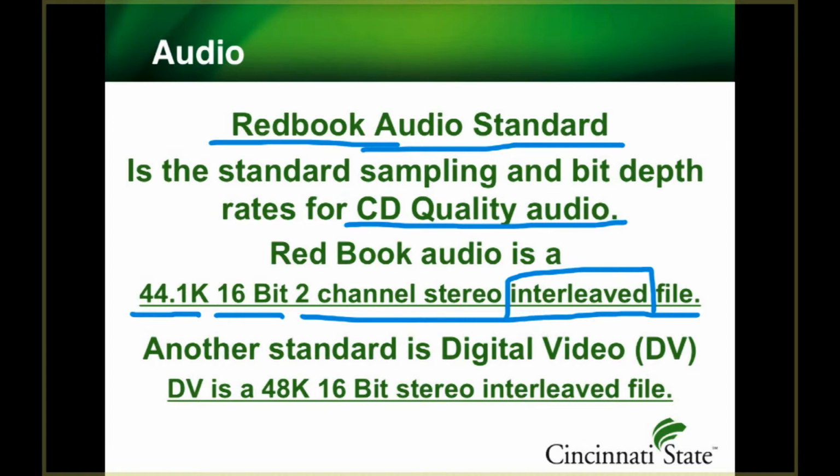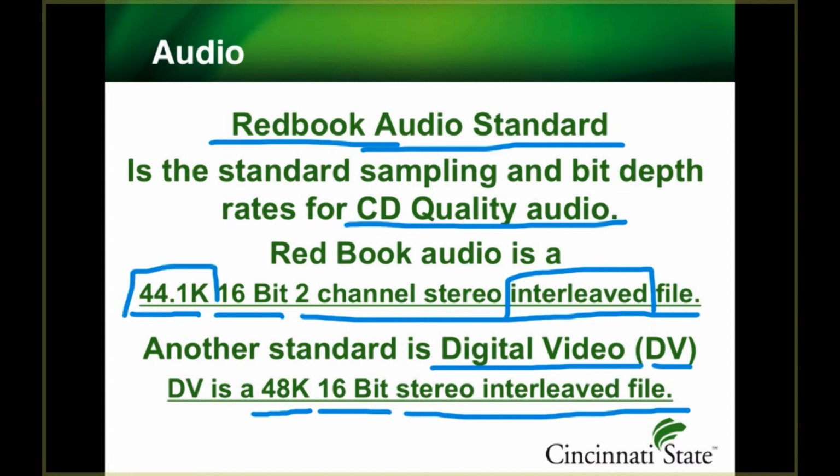Now there is another standard, which is the digital video standard, DV. And DV is different. It is 48,000 samples, but still 16-bit stereo interleaved. So the only difference between these two is that Redbook has 44.1K, digital video has 48K.